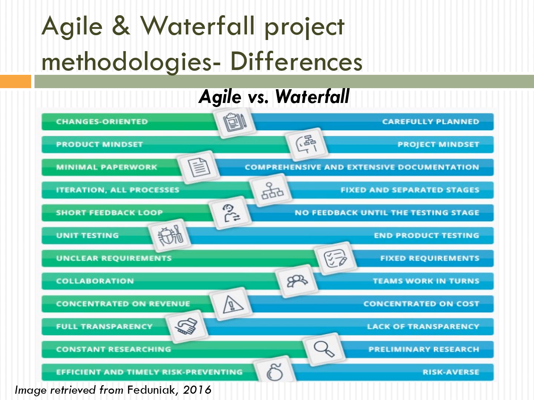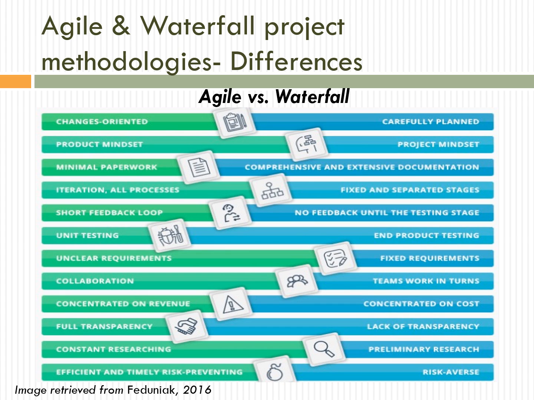I know there's a lot of information on this screen, but I love graphics, and I thought this was a great representation comparing Agile versus Waterfall. A couple points here. The third bullet, also defined as red tape. So there's minimal paperwork in an Agile methodology. Sometimes there's a lot of documentation in Waterfall, or red tape.